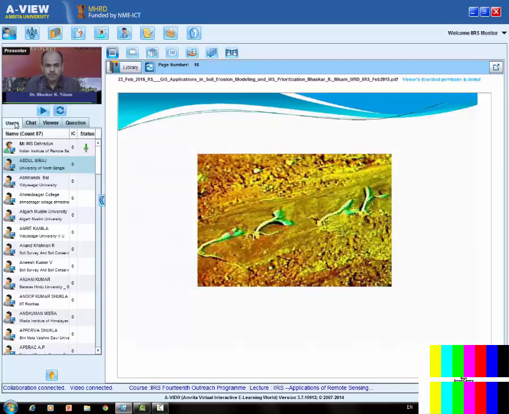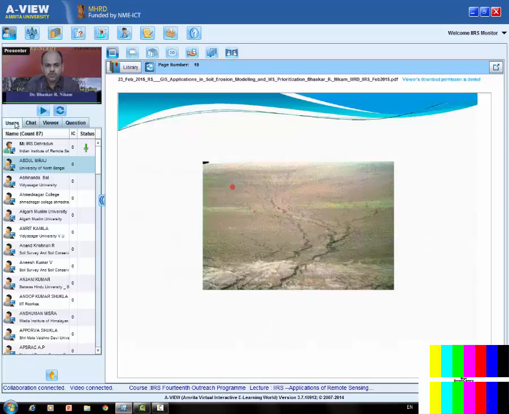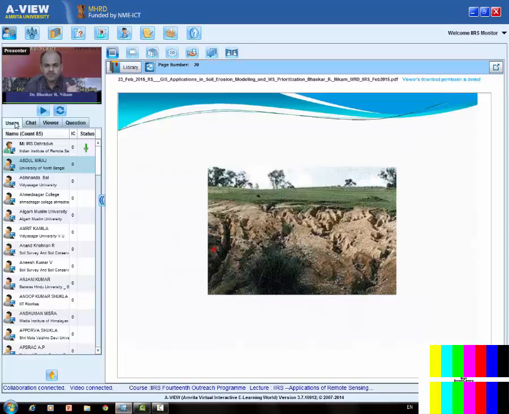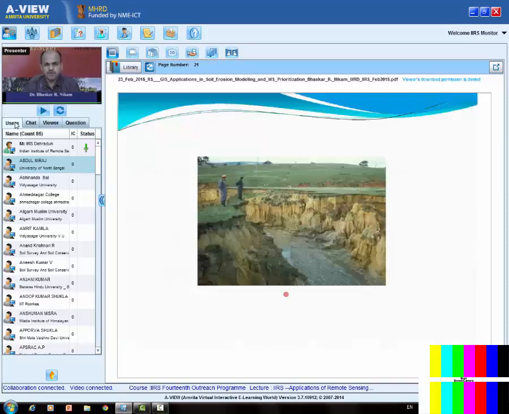The surface runoff will move those detached particles as sheet erosion. That surface runoff will join the rills and create rill erosion. Multiple rills will join together and form a stream, causing stream erosion, and a heavy discharge stream will cause this kind of stream bank erosion.